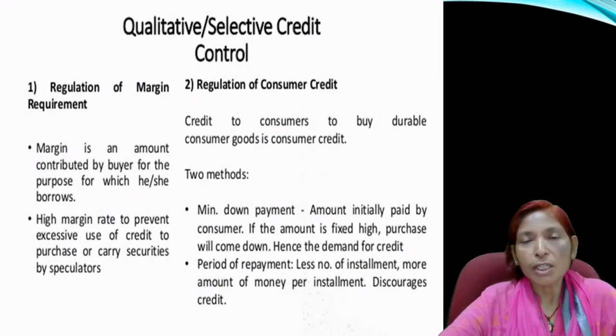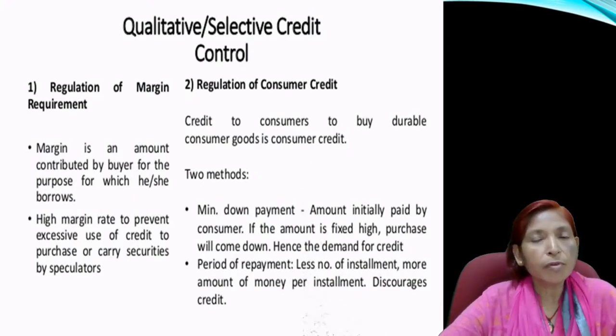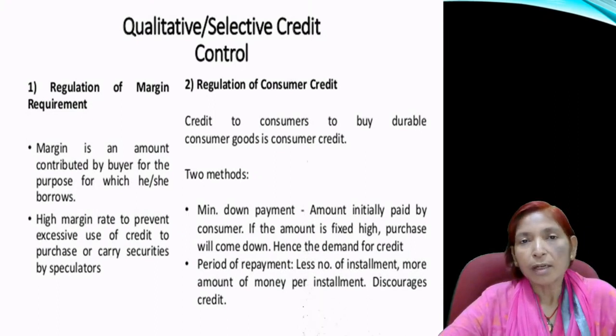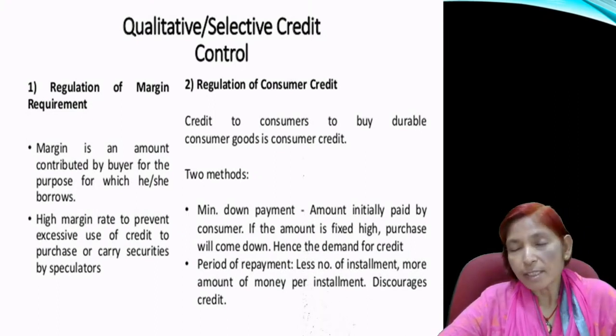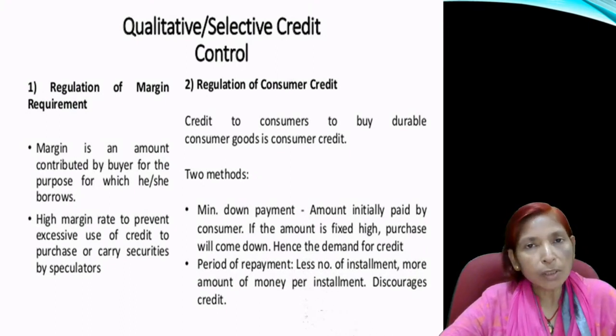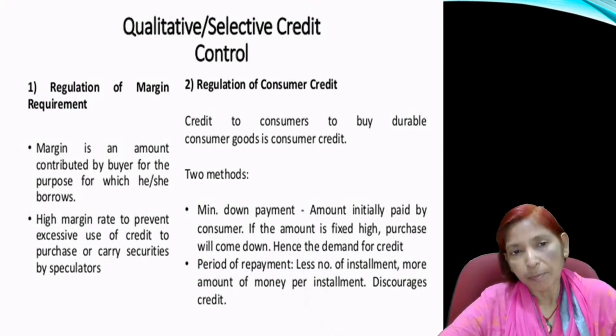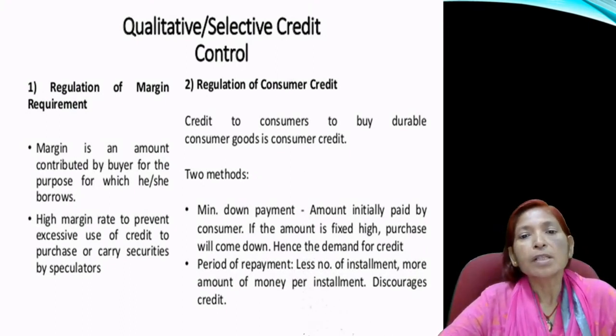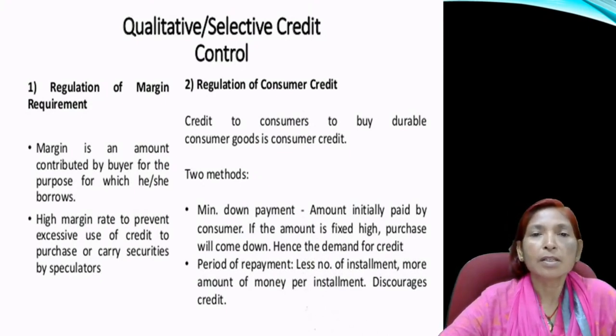You know, there is a rationing system in food supply. Same as that, RBI can make a rationing system of providing credit facilities to the borrowers. In this case, RBI can control the inflation problem. Credit to consumers to buy durable consumer goods is consumer credit.